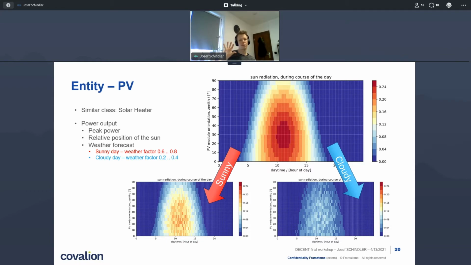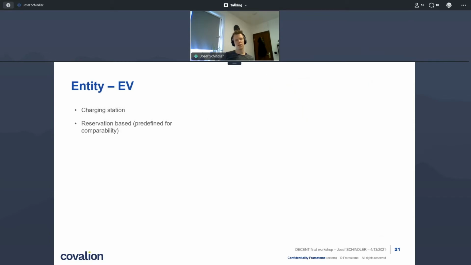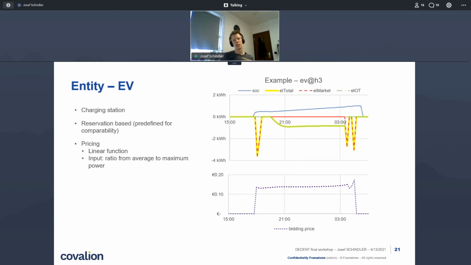We have a weather factor, which is randomly chosen between 0.6 and 0.8 for one scenario. In another, cloudy day scenario, we have a lower weather factor, which leads to lower power outputs from the PV plant. Next, we have the EV charging station, which is, as explained before, reservation-based.